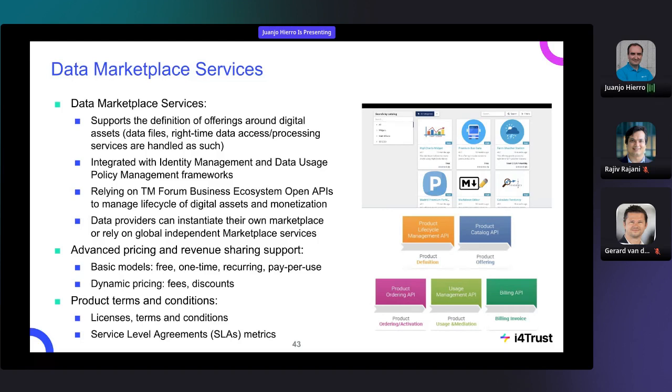This is all based on concrete open standards coming from a very reputed industry body called TM Forum, and supporting advanced pricing and revenue sharing concepts and definition of different terms and conditions, including the access policy definitions that a given data service may provide.